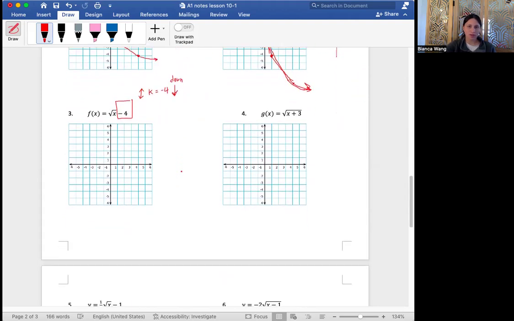So really, let's say I have a standard parent function that we graph. You can see the front of your page and see that. And then this whole thing is moving down 4. So really I'm going to put that right there. And it's nice that I can just kind of move it down, right, with my handy dandy computer technology.